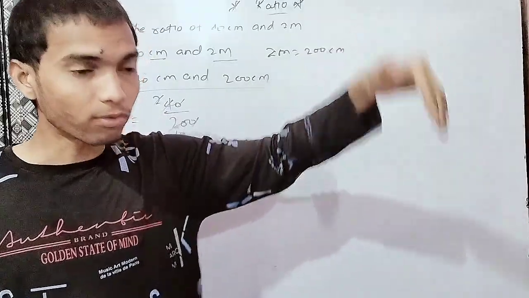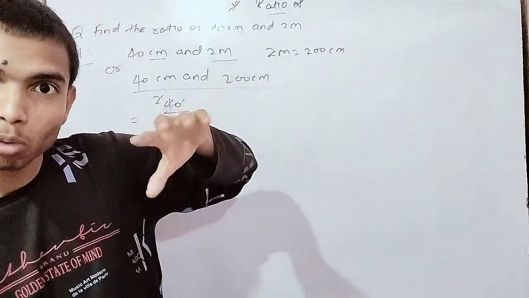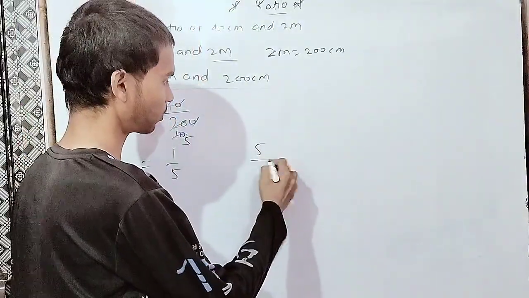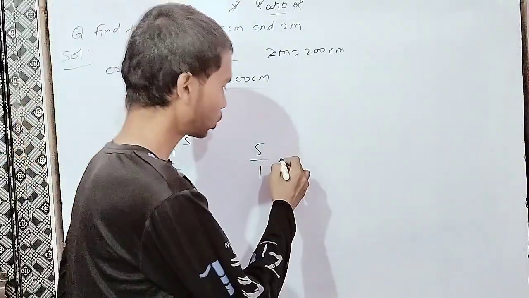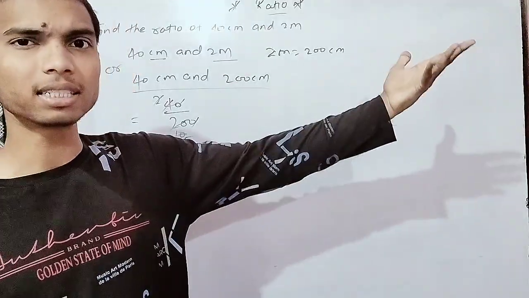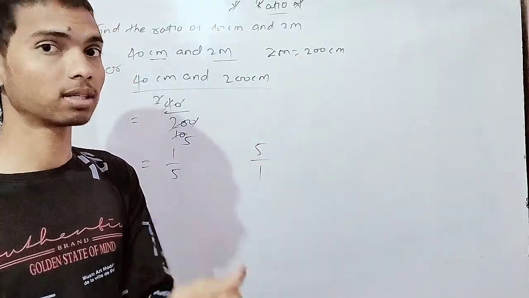Where 5 is the numerator, but the denominator is 1, which is hidden. This is a fraction, and I am saying that it can be written as 5. Of course, yes.